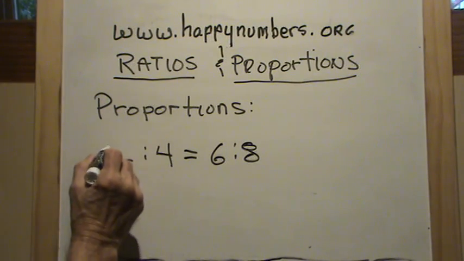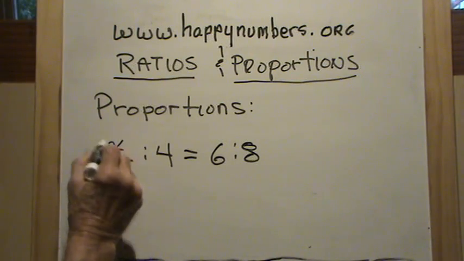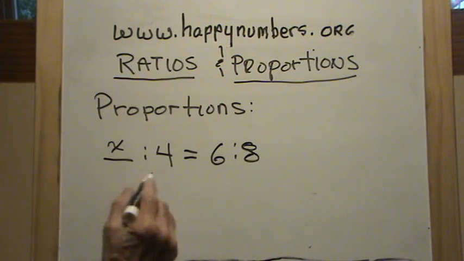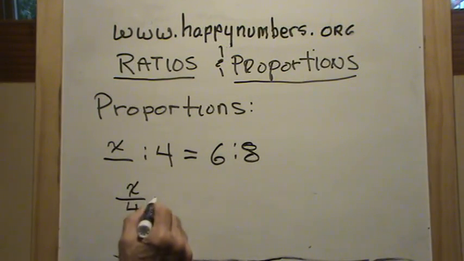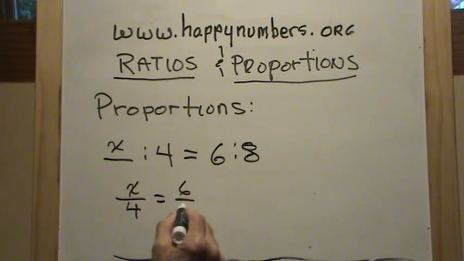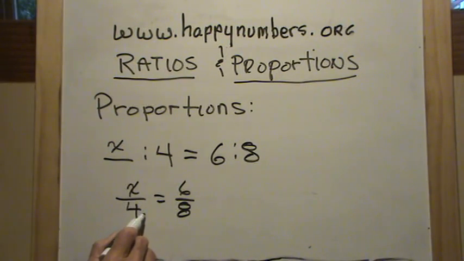But we can say, let's make believe this number is x. Then we can write the proportion x is to 4 as 6 is to 8. Now, one thing we know about proportions is that if we cross multiply, they'll be equal.